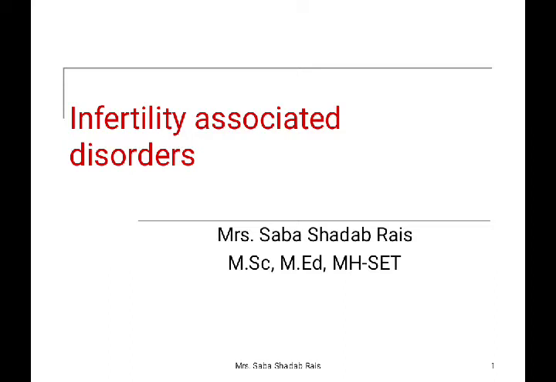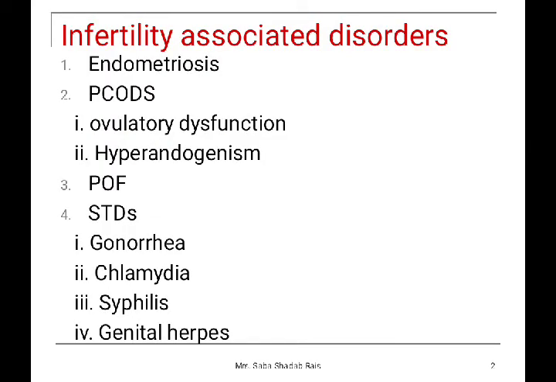So these are, just a minute, student. The first is endometriosis, then PCOS, ovulatory dysfunction, hyperandrogenism.